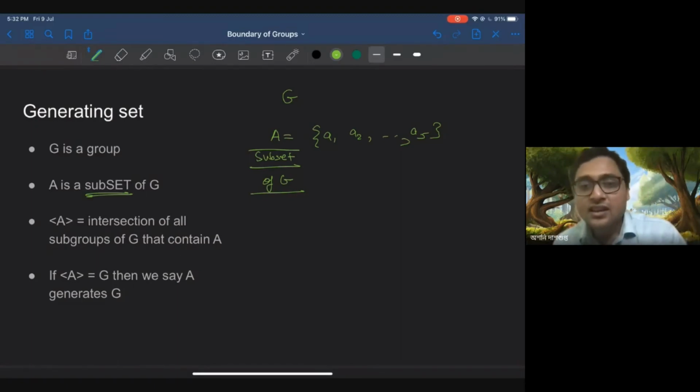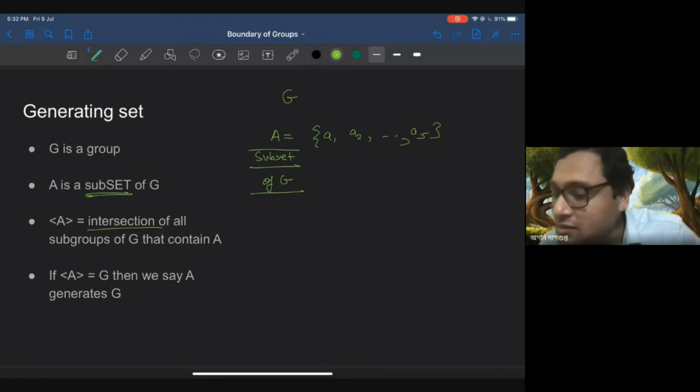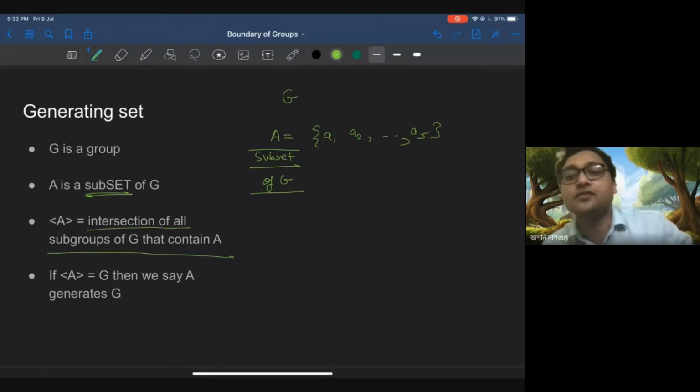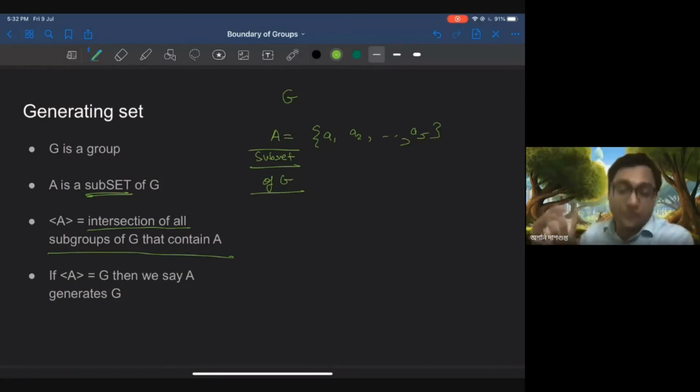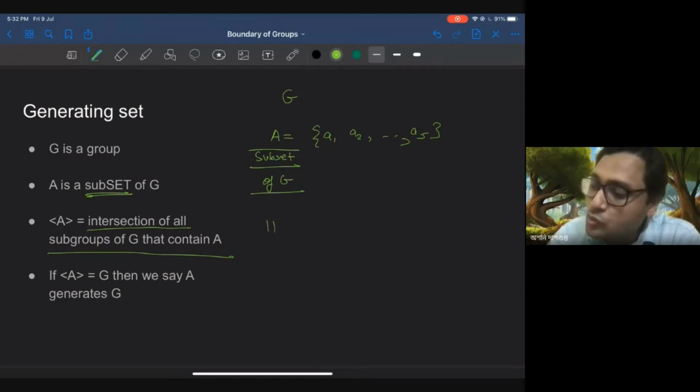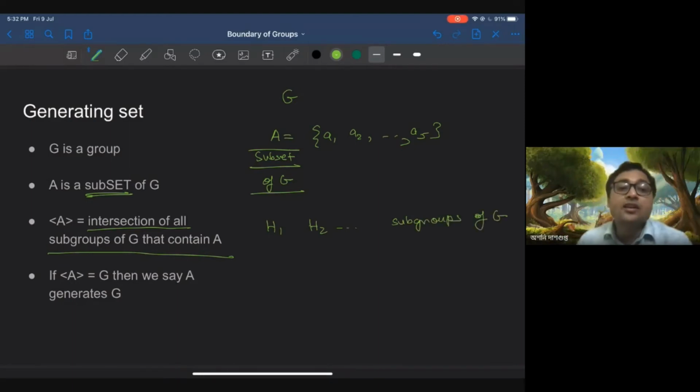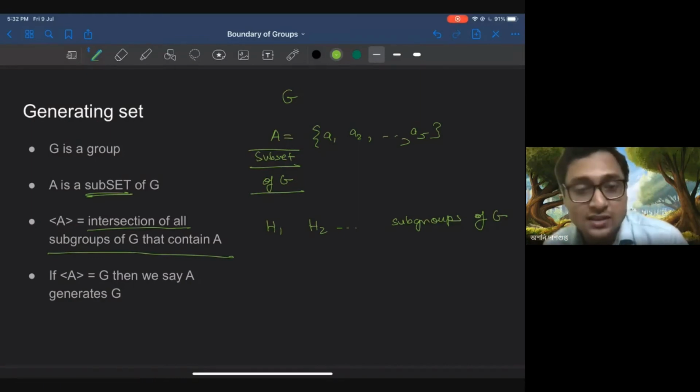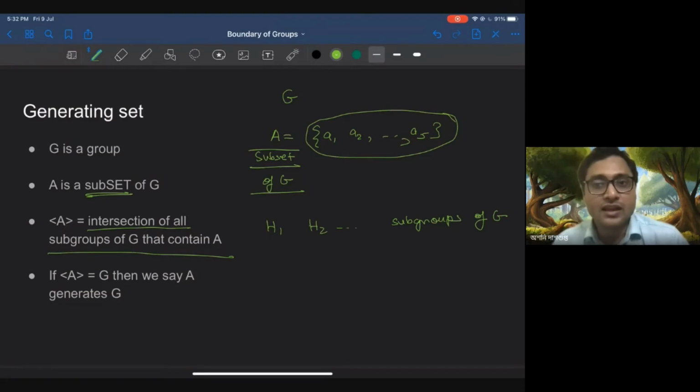Then you take the intersection of all subgroups of G that contain A. G may have several subgroups, maybe H1, H2, and you take all the subgroups of G that contain the elements in A, and you take the intersection of all such subgroups.